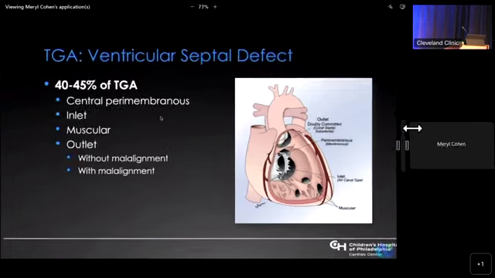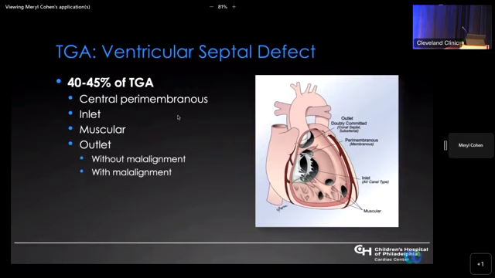And so using our international nomenclature, you can have a central perimembranous defect, an inlet defect, outlet defects, muscular defects. And when you have outlet defects, that can be with or without malalignment, as Diane has really nicely demonstrated for you.